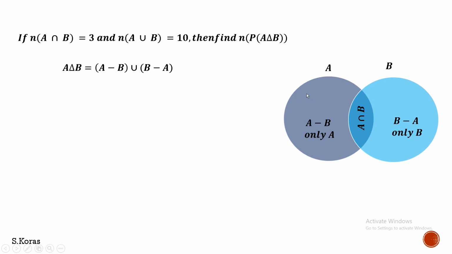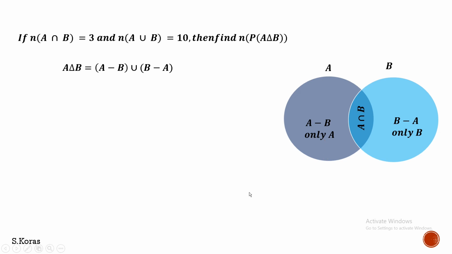See, this is our only A part. That is A difference B. And B difference A is nothing but only B part. You know well. So A delta B is nothing but the combination of these two. It is the union of these two disjoint sets.